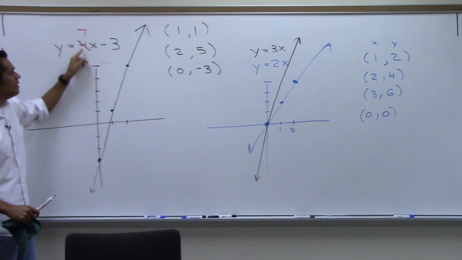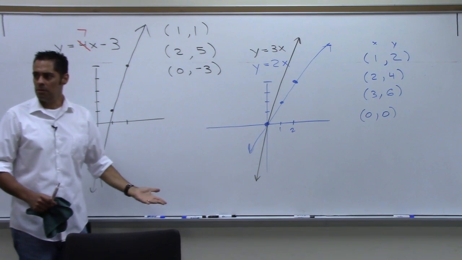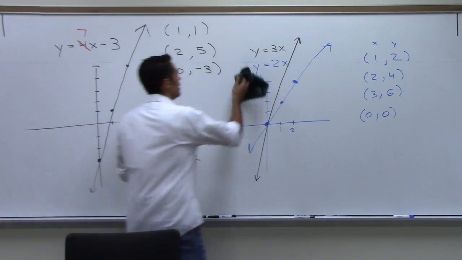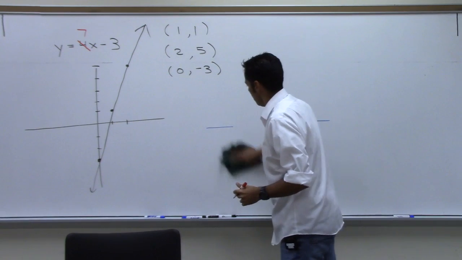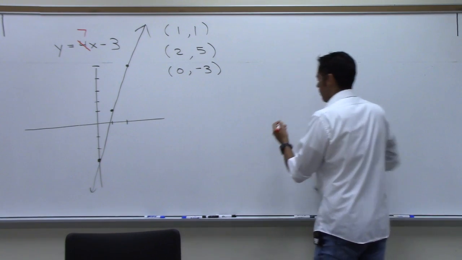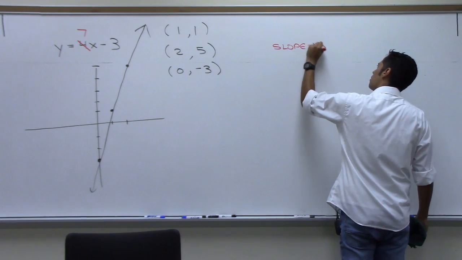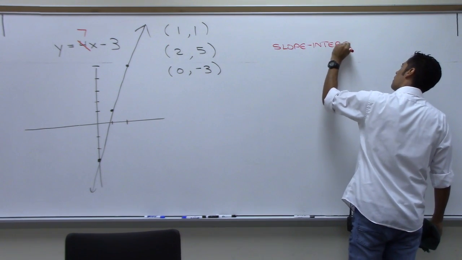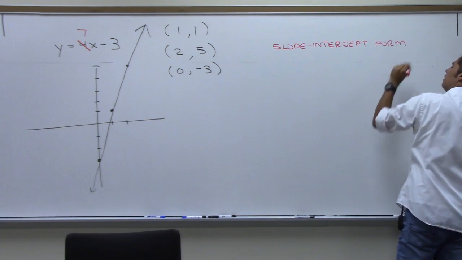And this number right here dictates the pitch of the line, which we call the slope. And with that idea, we can introduce what's called the slope-intercept form of a line.